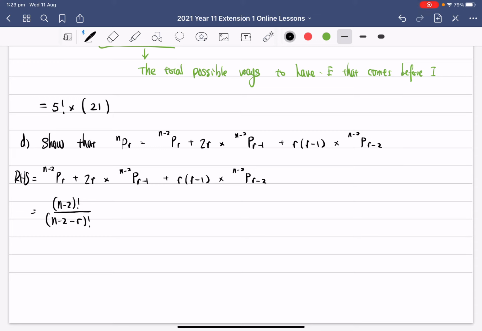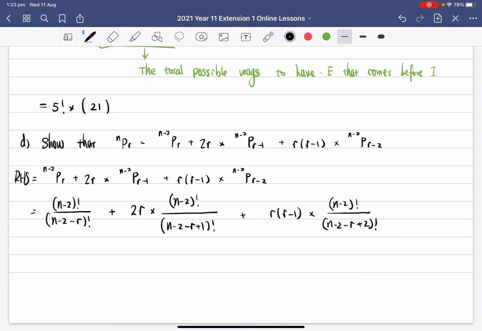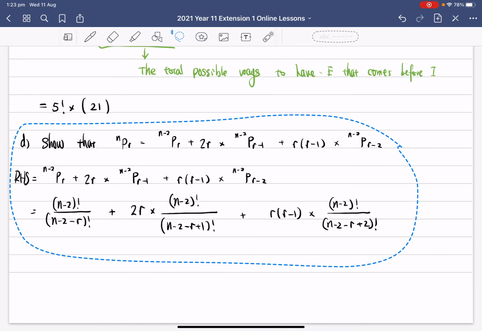All right, and then plus 2r multiplied by (n minus 2) factorial over (n minus 2 minus r plus 1) factorial. Plus (r minus 1) times (n minus 2) factorial over (n minus 2 minus r plus 2) factorial. I'm just using the formula, okay? I'm probably just going to do it on the next page, so I've got more space.